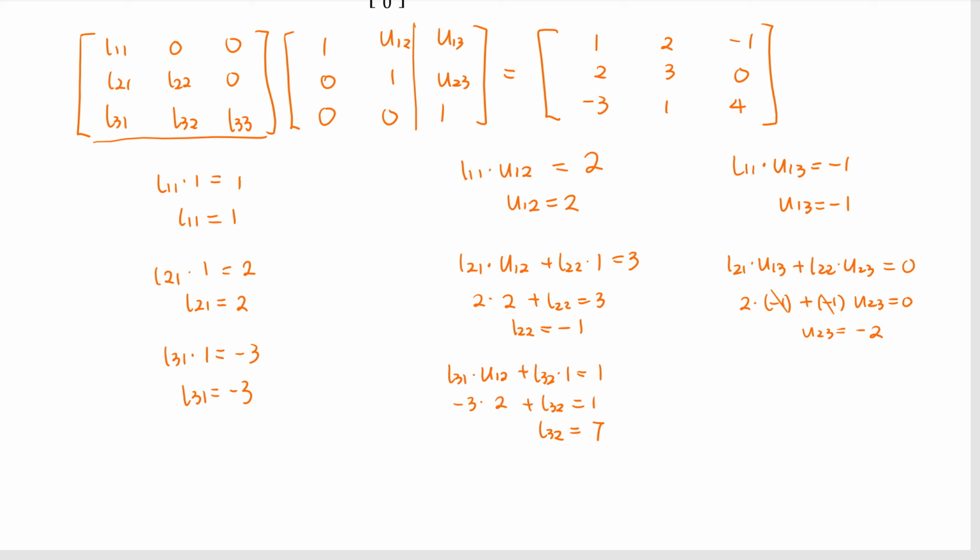Finally, last row times last column. L31 times U13 plus L32 times U23 plus L33 times 1 equals 4. L31 is negative 3, U13 is minus 1, L32 is 7, U23 is negative 2, L33 equals 4. 3 minus 14 plus L33 equals 4.